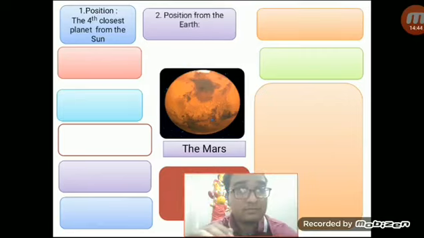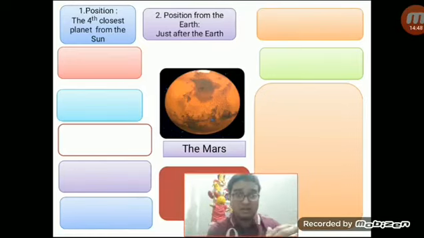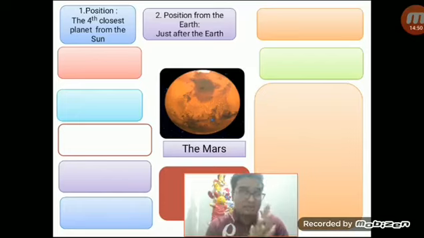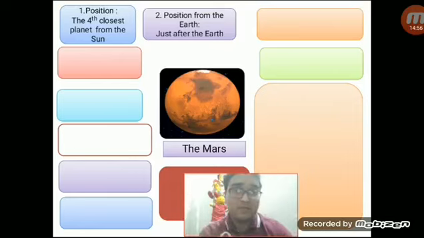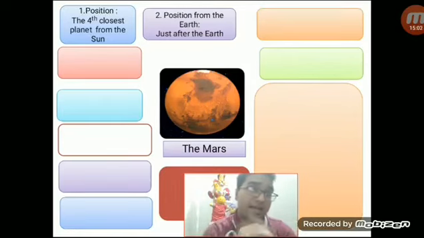Then position from the Earth: it is just after the Earth. Our Earth is located between the planets Venus and Mars. Venus is situated just before the Earth, and Mars is located just after the Earth.